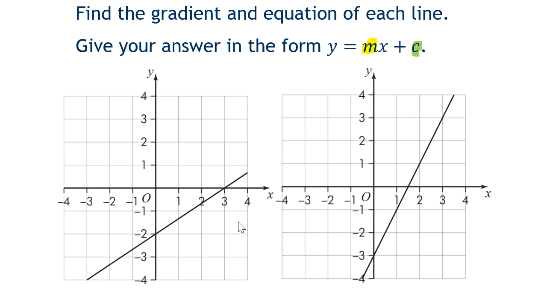And to calculate the gradient, we just need to find some points on the line that go through points on the graph paper, so some nice points on the line. So one way of doing that is just looking along the line until we find a point like this one, which we can clearly see crosses at the point 3, 0. And then if we carry on down the line, there is another one down here and it happens to be 0, -2.